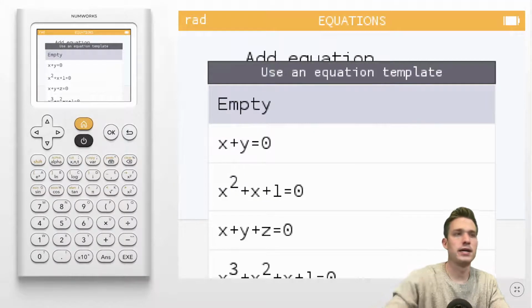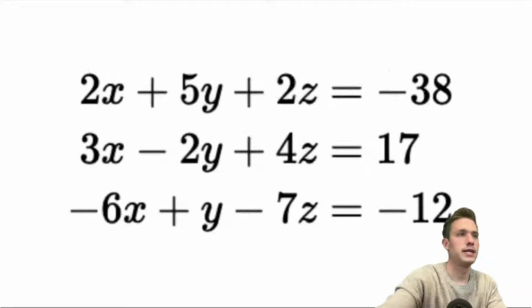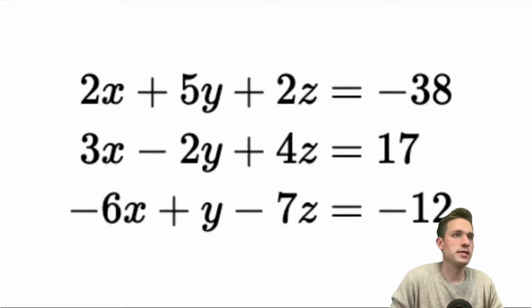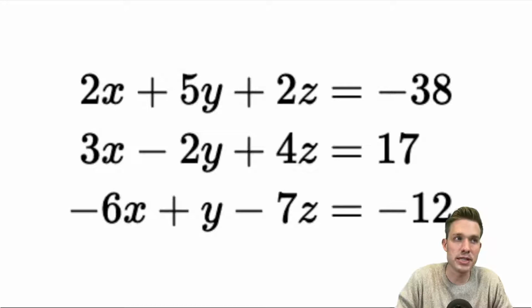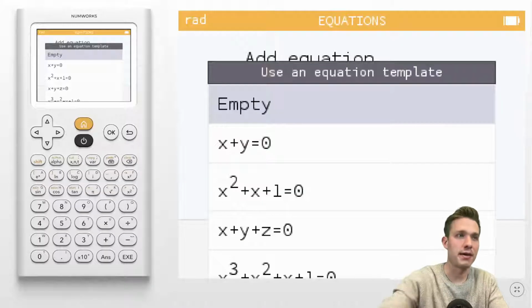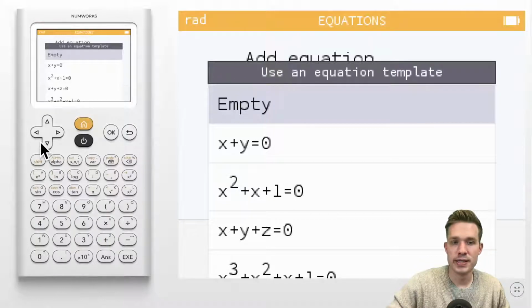So let's take a look at a problem. Let's go back actually to this system from before. We used our reduced row echelon form in the calculation application to solve this previously, but we can actually solve this directly in our equation application, which is pretty cool. So I'm going to jump back to the calculator. I have my free form here, my empty.